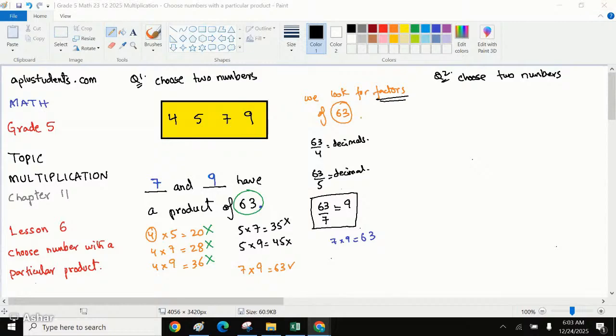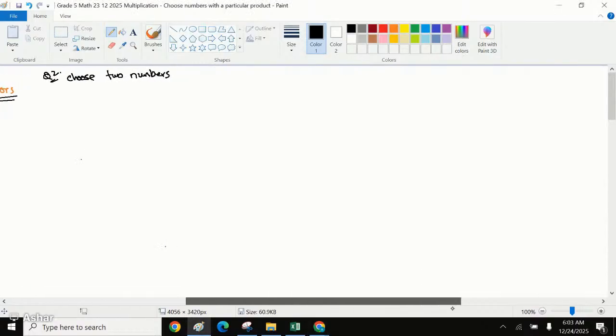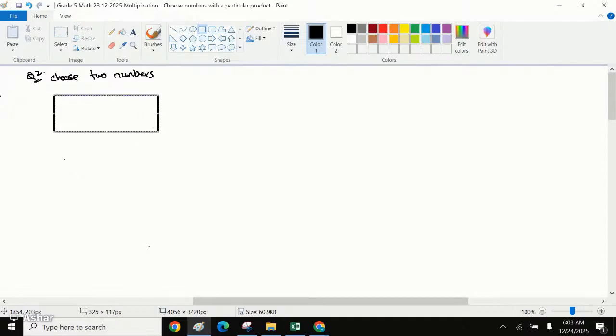Moving on further, the next question says choose two numbers from the box, and the numbers given to us are, I'll just write down the numbers. Okay, let's take up a lighter color. The numbers given are 2, 5, 7, and 8.